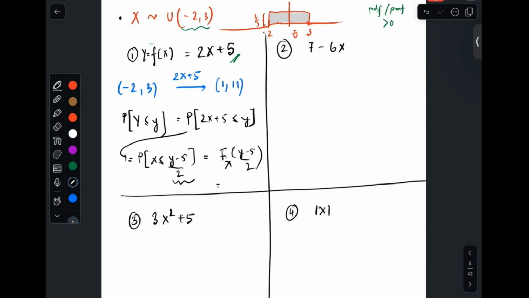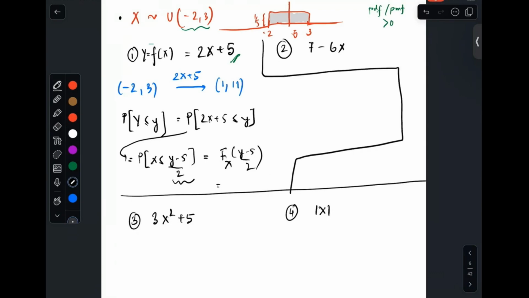Okay, let's try to do this. What will be the PDF of capital X right now? Let's digress here a bit. The PDF of capital X, small f of x, is nothing but 1 by 5 if x is between minus 2 and 3, right? So capital F of x is what? It's nothing but the integral from minus 2 to x of f of x dx, right? Got it?